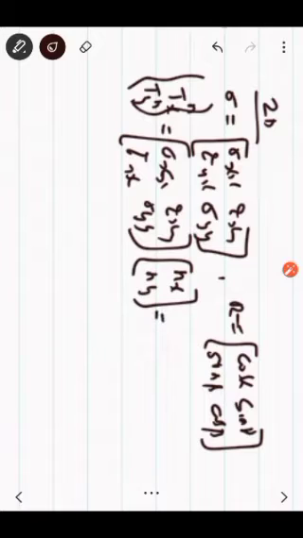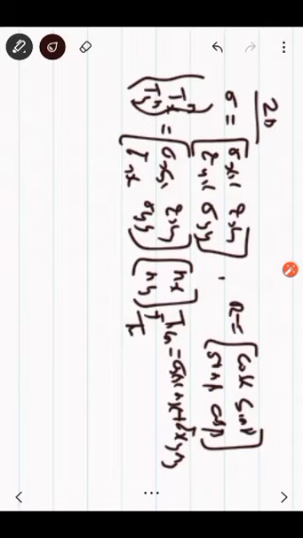Multiply this, you will get Txn is equal to sigma xx nx plus tau xy ny, and Tyn equal to tau yx nx plus sigma yy ny. So this is the equation for Tn, Tx and Ty.